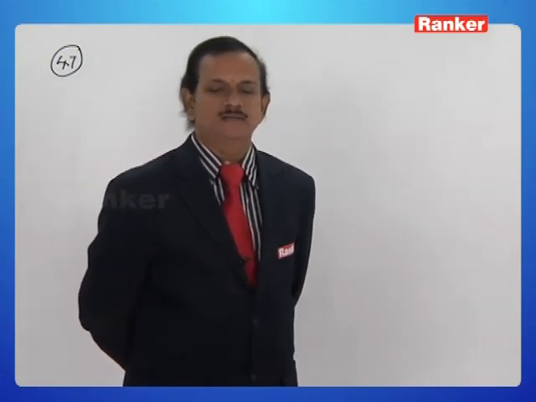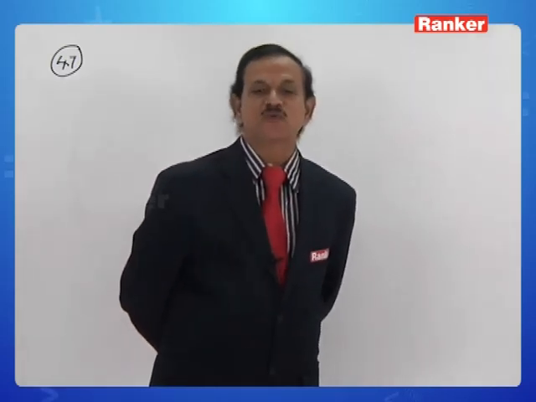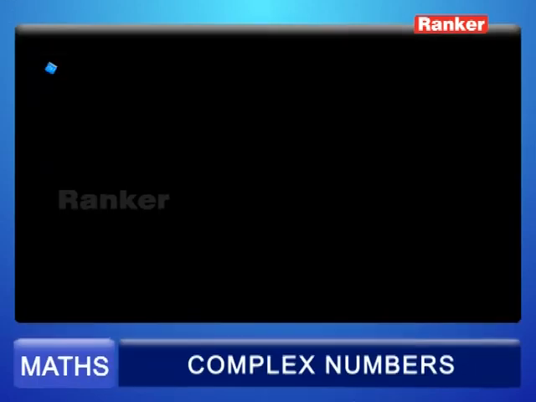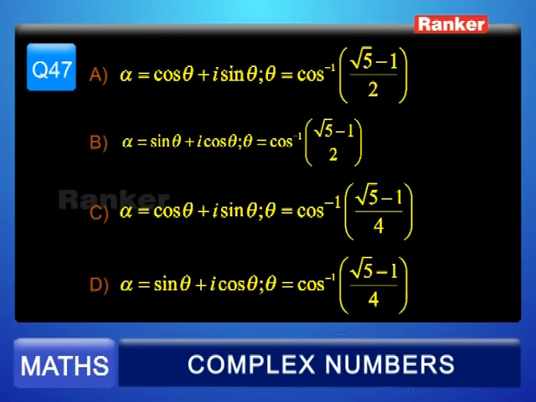Okay, we shall see later. Then the value of a is such that a z square plus z plus 1 is equal to 0 has only purely imaginary roots. It has given as usual 4 options. In all the options, a is given as cos theta plus i sin theta, and the options vary from the value of theta only.